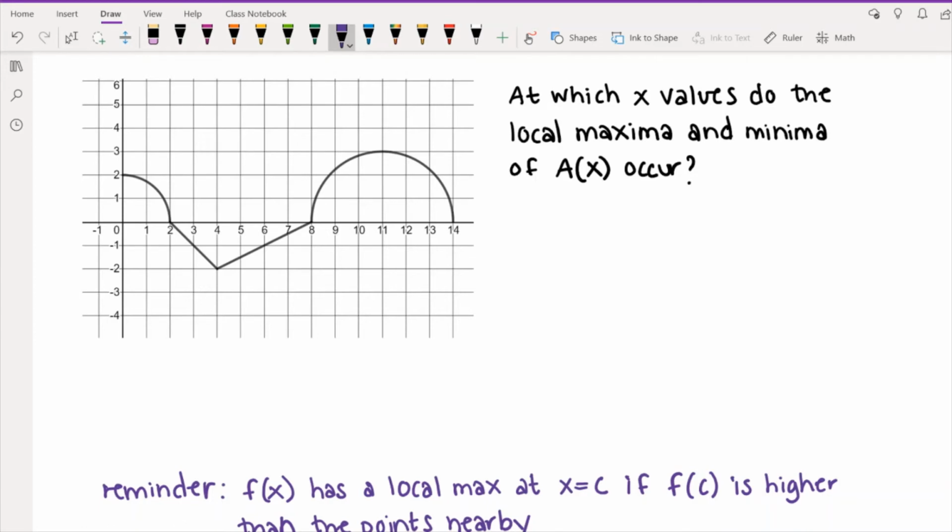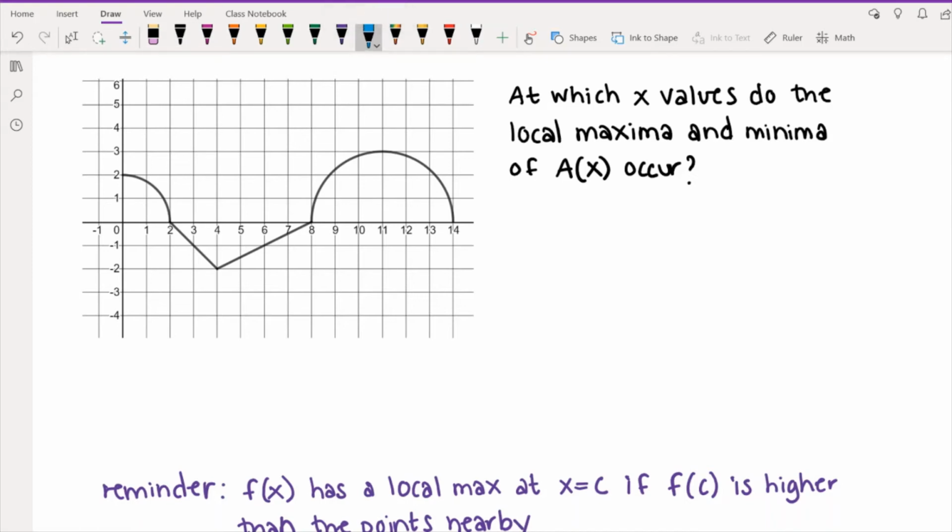So what I want to do is roughly sketch, and I don't want you to think that we're doing this precisely at all, because we're not, what the area function looks like as we go from left to right here, because I think that's what will help us see where we're going to have these peaks or valleys happening.